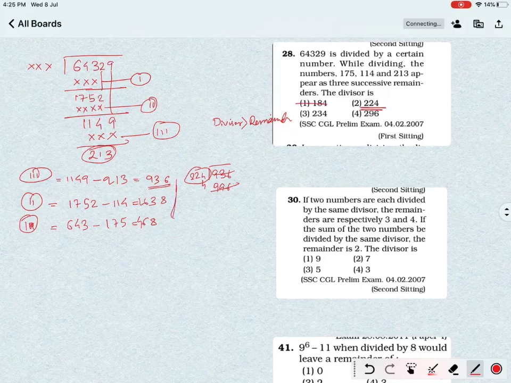So next we'll check 296. It also is not a multiple, and then we are left with 234. So 234 is the answer. 234 is a multiple of all these 3 numbers.